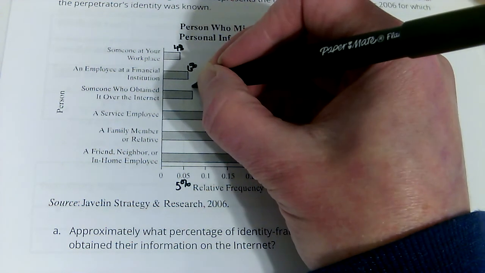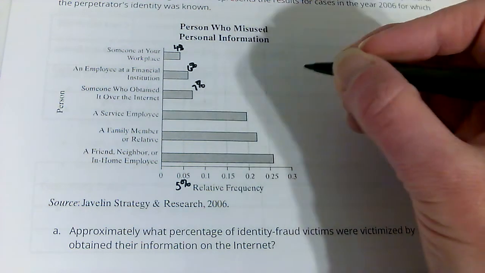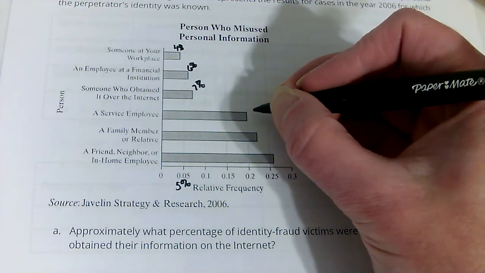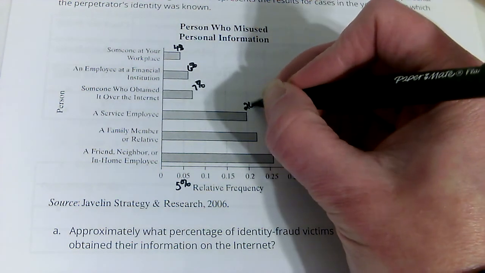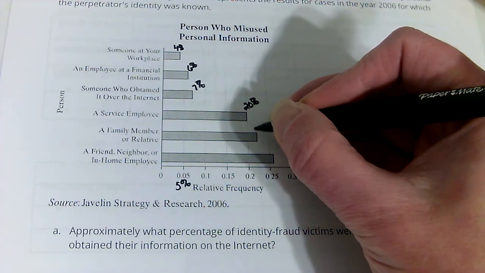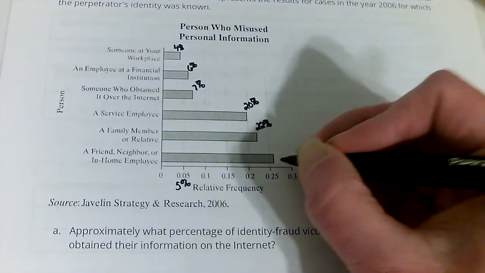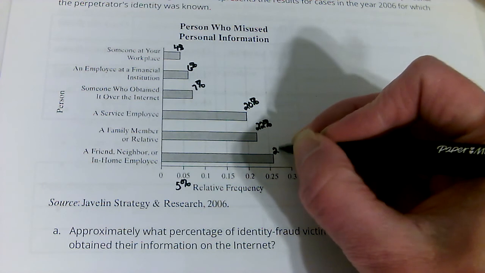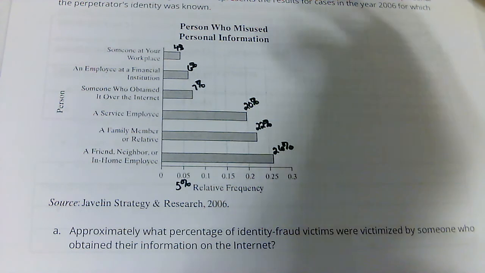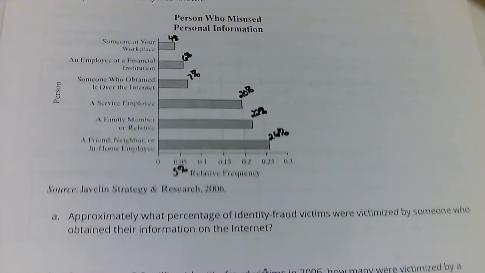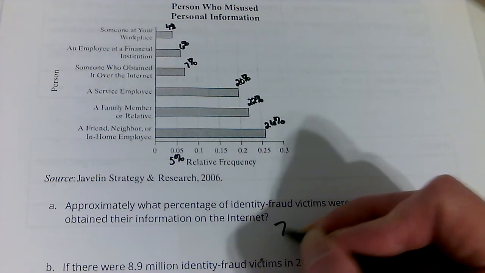This one's just a little bit further, so 7%. This one's at the 20% line. 1, 2, this would be like 22%, 25, 26%. Okay, so internet, that would have been 7%.